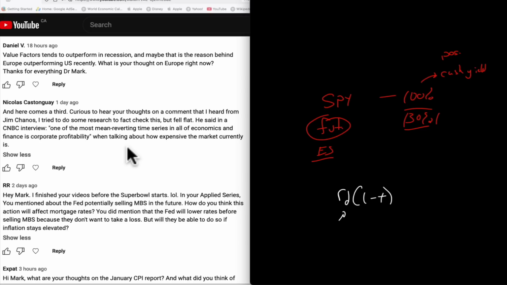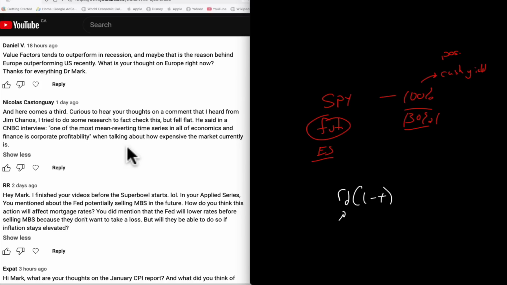That if it did mean revert, that's a long way down for earnings as a share of GDP. But yeah, it is mean reverting. It has been mean reverting for a long period of time, but not for quite some time. Now, it just may be at a new mean reverting level.